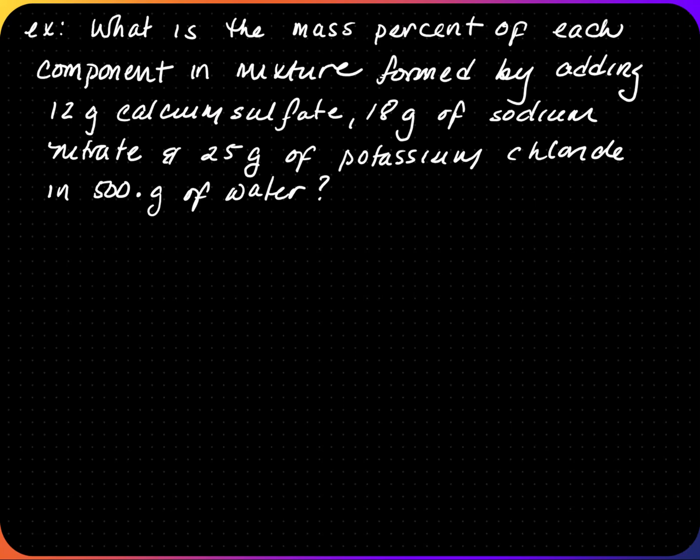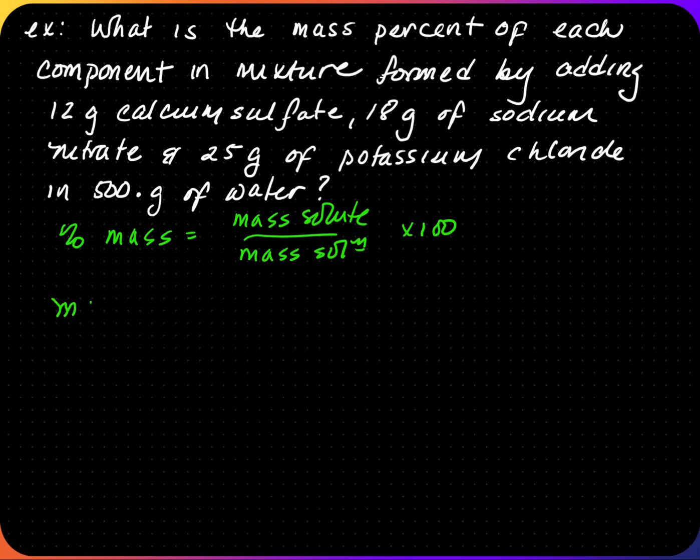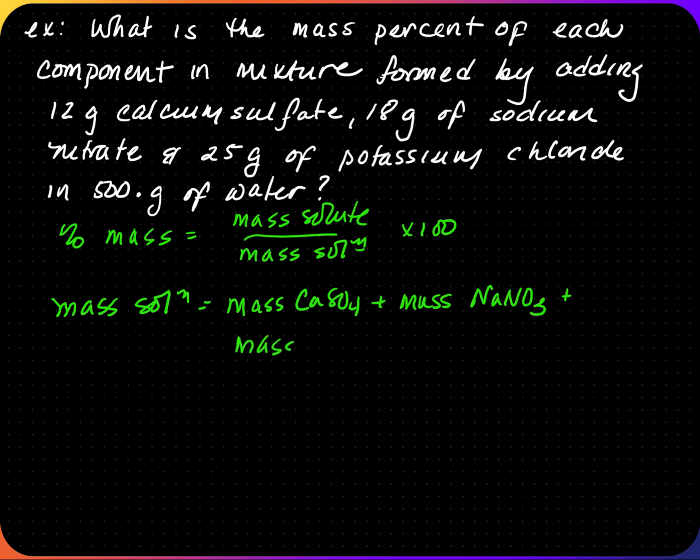So in this problem, I need to find mass percent, which is equal to the mass of solute over the mass of the solution times 100. The mass of the solution here is composed of all the solutes. So it's going to be the mass of the calcium sulfate plus the mass of the sodium nitrate plus the mass of potassium chloride plus the mass of the water.